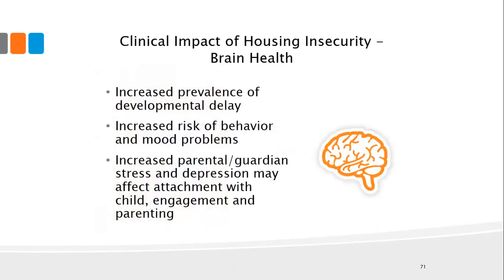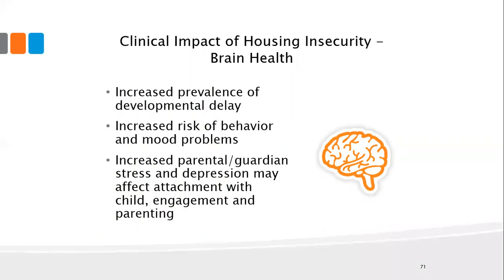Due to both the effects of housing insecurity on their parents, as well as direct effects on the children, there are well-documented impacts in the area of brain health. Emotional distress and often behavior problems, developmental delays, and decreased academic achievement are all more common in this population.